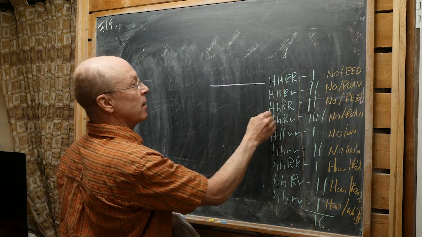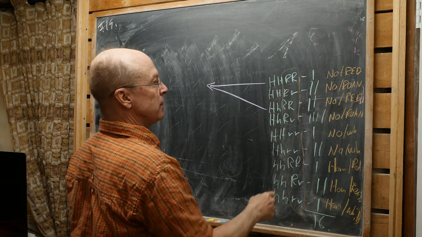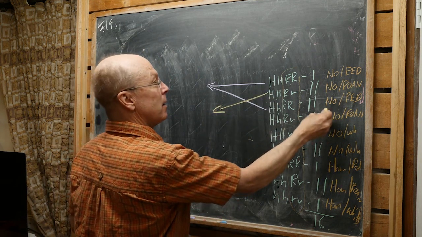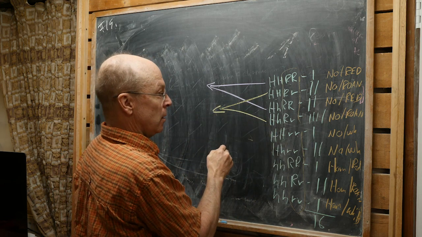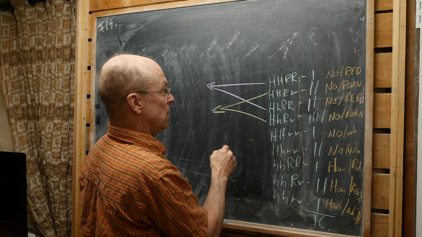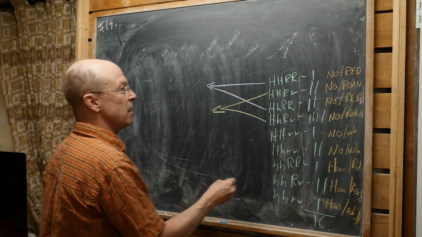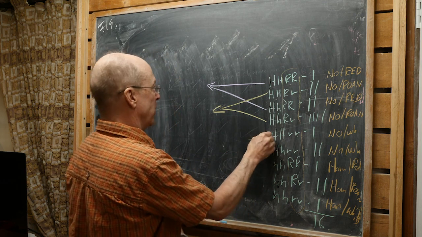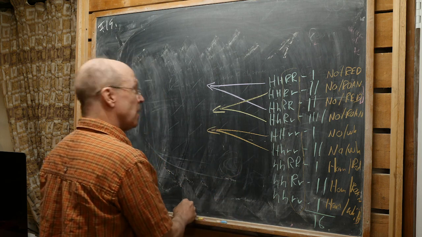So this one here and this one here are going to be no horns in red. And then this one here and this one here, no horns and roan. I'm going to draw my arrows and then assign them. Here's no horn and white right here.